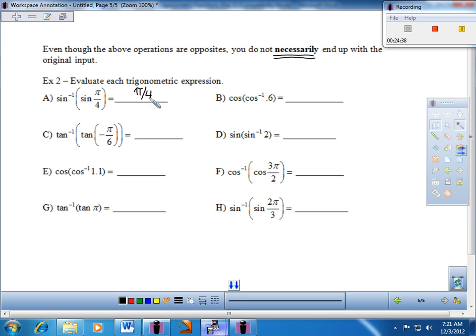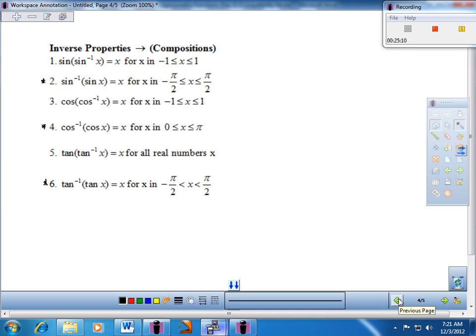Letter B, everybody. Now, again, opposite operations. Taking the cosine of the inverse cosine of 0.6. Now these two should undo one another, and we would be left with what we started with, only if 0.6 is in the proper interval. So the question, of course, becomes, and this goes really to number 3 here, this matches up nicely, is 0.6 a proper cosine ratio?